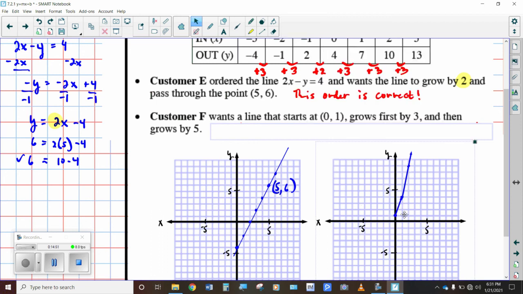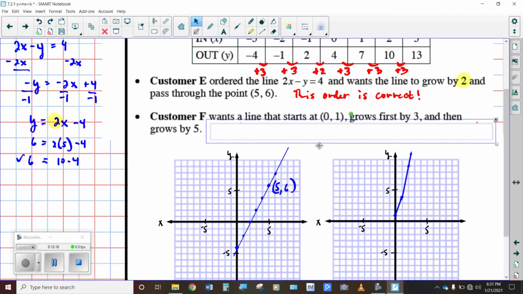So it starts here, but then it grows by 3, then it grows by 5, which means it doesn't have a constant growth rate, which means this rule for linear equations doesn't apply because it's not a constant growth rate throughout. We always want our lines to be perfectly straight all the way, but this one starts off a little bit flatter, and then it steepens.